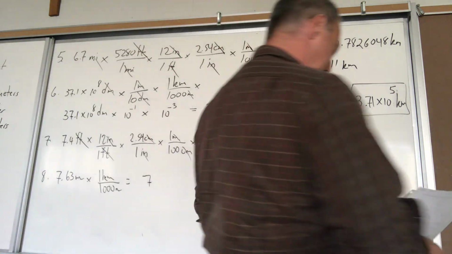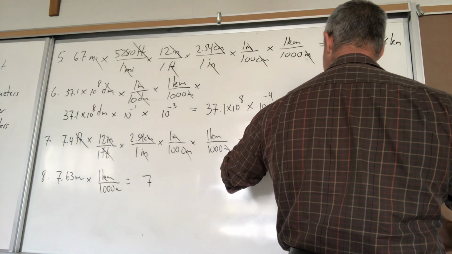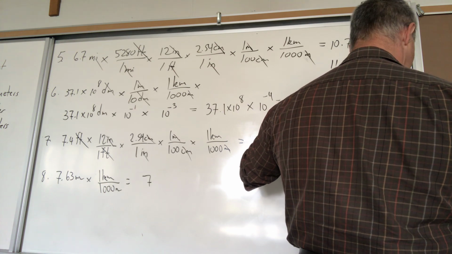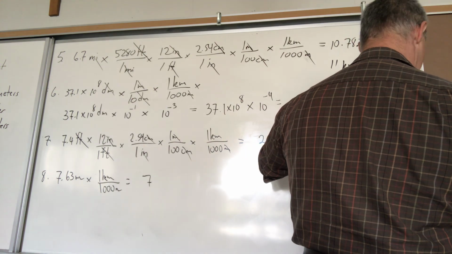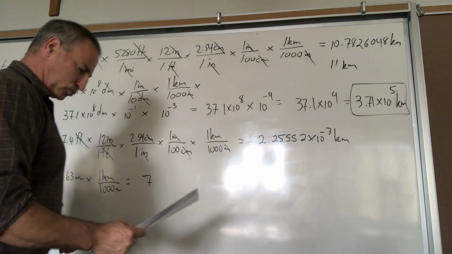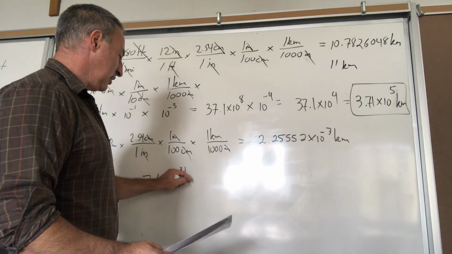I just realized I copied the wrong answer on this one. It's 2.255 times 10 to the negative 3 kilometers. Sorry about that. And then the other one is 7.63 times 10 to the minus 3 of a kilometer.